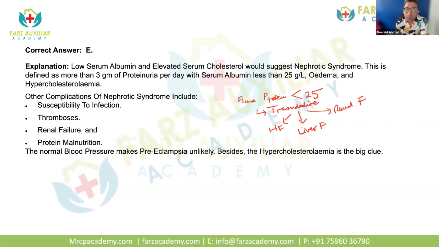These are the three things you'll be thinking about. In this case, as you can see, there was generalized anasarca with a lot of protein loss in the urine. So the obvious answer would be checking for urine protein in this patient.